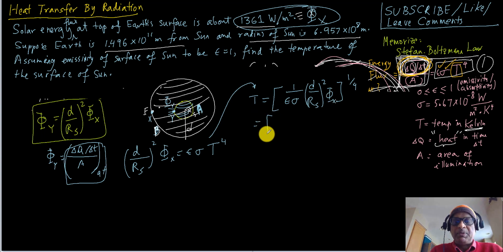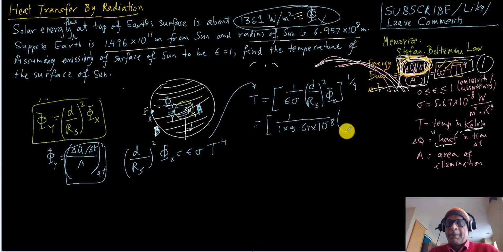Now we just put in numbers, right? So numbers will be 1 over 1 times sigma, 5.67 times 10 to the power minus 8. And d is 1.496 times 10 to the power 11, and Rs is 6.957 times 10 to the power 8, and that's squared.